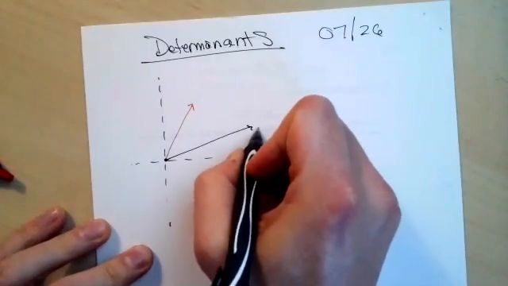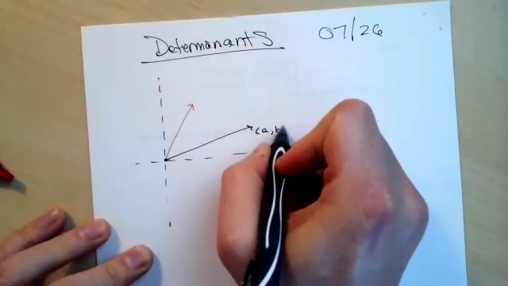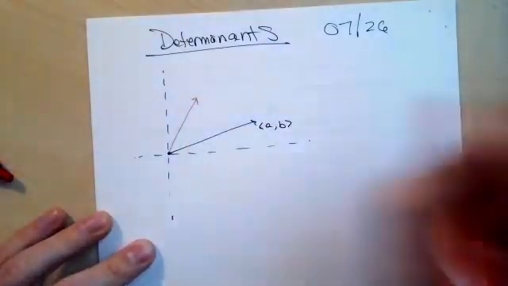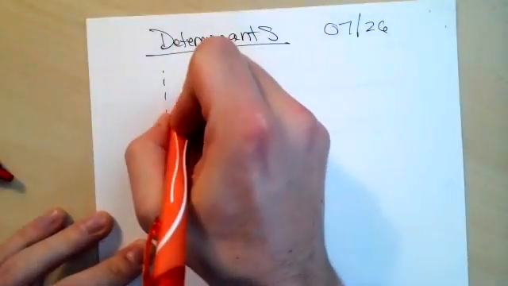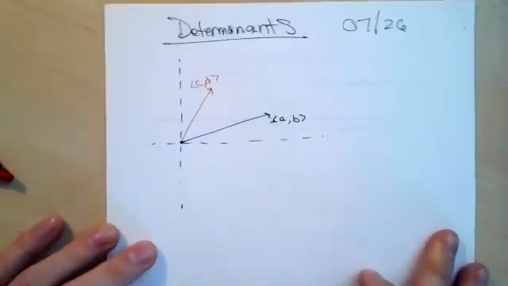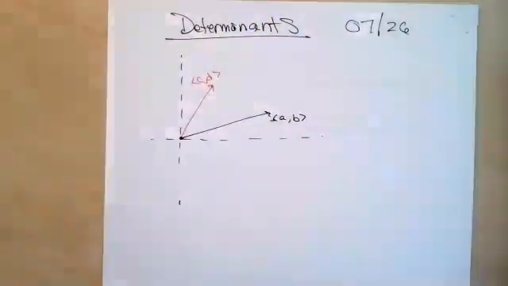This is going to be the vector AB, so it's essentially a coordinate vector pointing at coordinates AB. And the other one's going to be pointing at CD. We've mentioned in the past that if I have two vectors that are linearly independent, so right now let's just work in R2, the two-dimensional plane, then they form a basis for the plane.